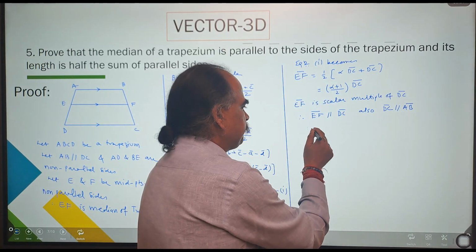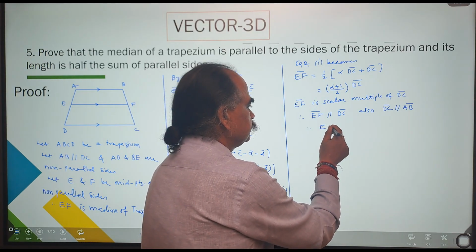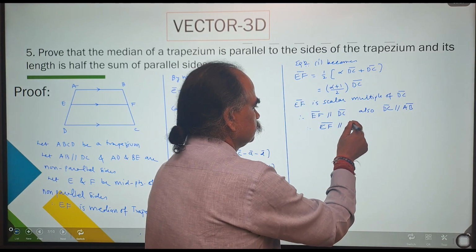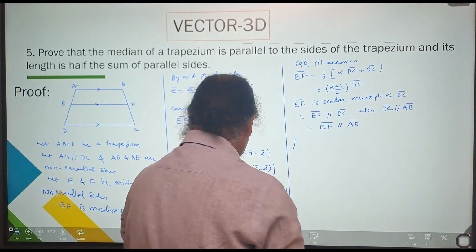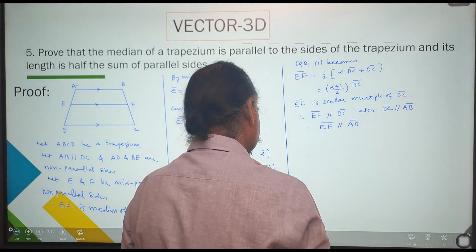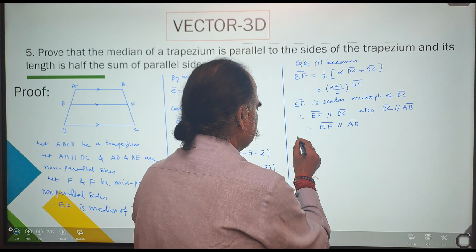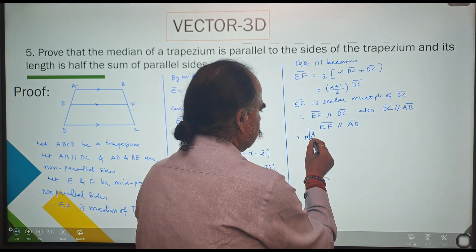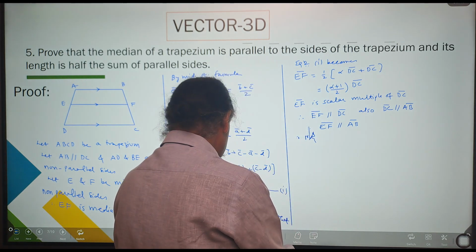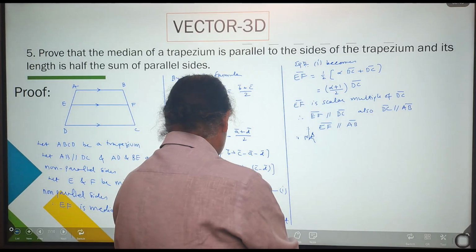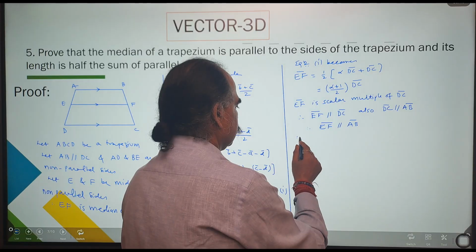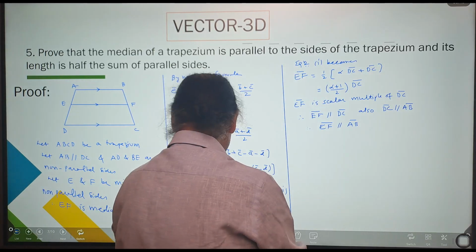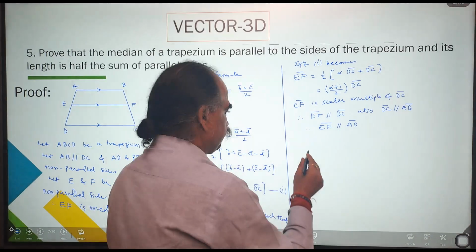So EF bar will be parallel to AB bar. Therefore the median is parallel to the parallel sides.